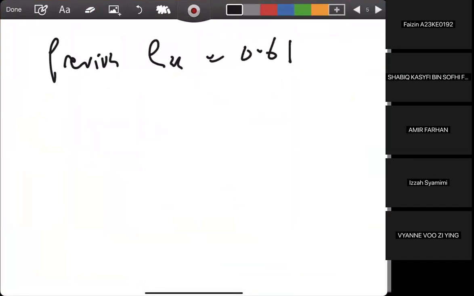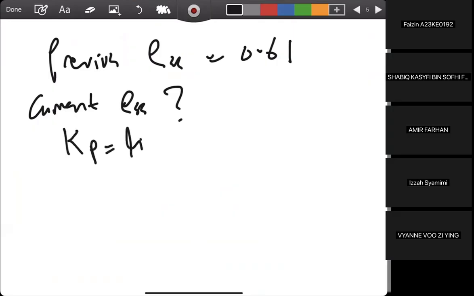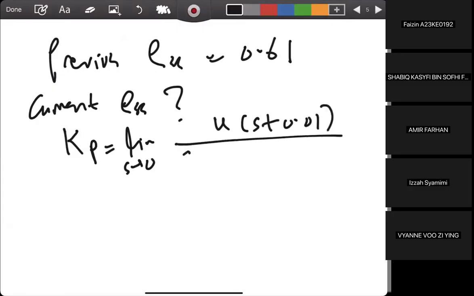0.61 kan? Aina, yang you kira tadi. Current ESS tak tahu. So we have to calculate KP. Limit S to 0 kan? K S plus 0.01 over S plus 7 S square plus 4S plus 8, correct?